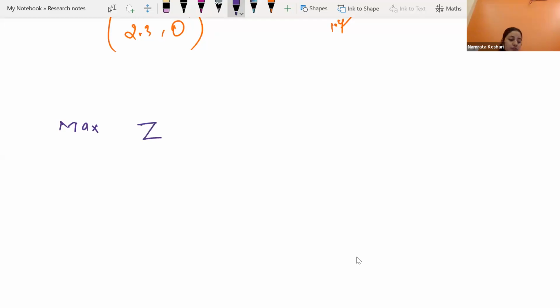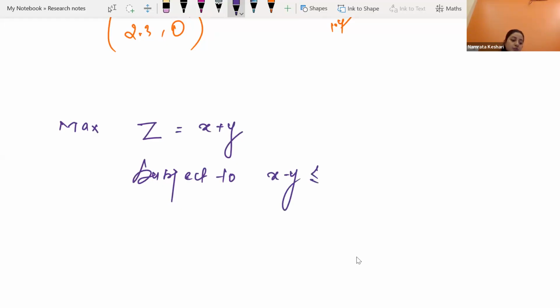Max z we have to find, that is x plus y, subject to x minus y is smaller or equals to minus 1, and minus x plus y smaller or equals to 0. Again the first quadrant, that means x, y greater or equals to 0. Check it, Annapurna, and tell me, are we going to get a bounded region or unbounded region? And from there, we'll be doing it together.